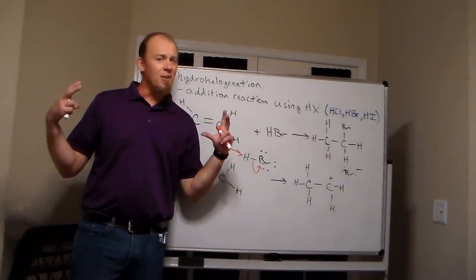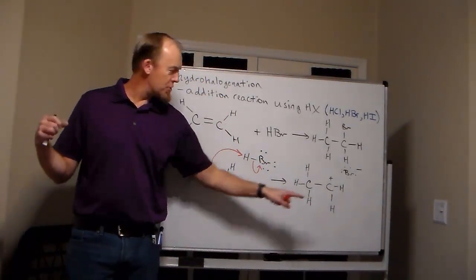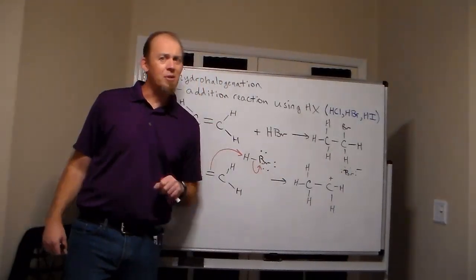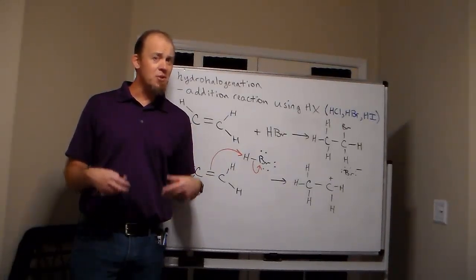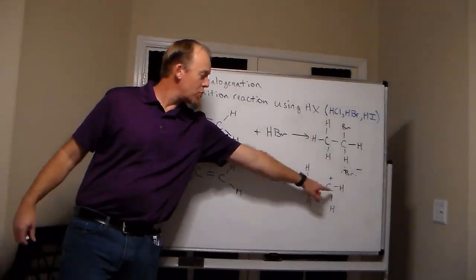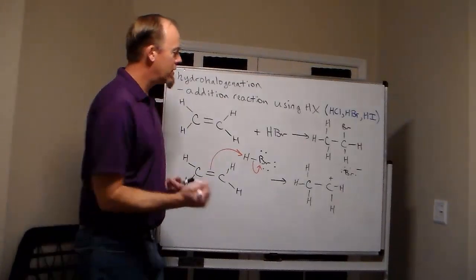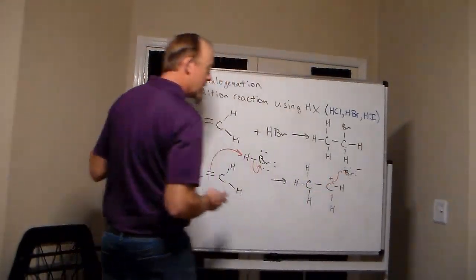Bromine, if you look at it on the periodic table, is a big atom with lots of electrons, and even in our little Lewis structure here, it's got 2, 4, 6, 8 electrons and a negative charge. That's electron rich. So electron rich, electron poor: negative attacks the positive.